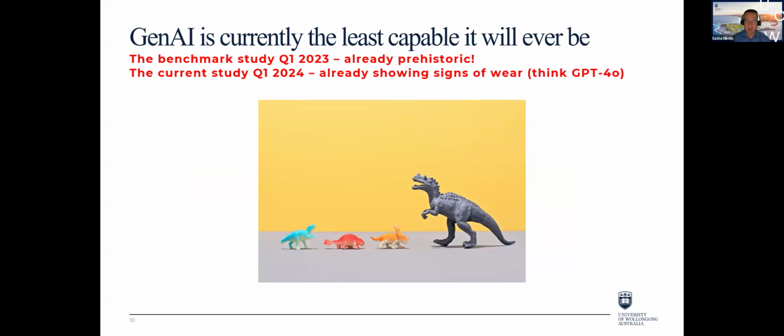We just need to keep in mind that everything that I mentioned today is already out of date. Our benchmark study in Q1 last year, it's already prehistoric, and our current study is already showing signs of wear and tear. Think ChatGPT 4.0 and all the latest releases from other GenAI platforms.